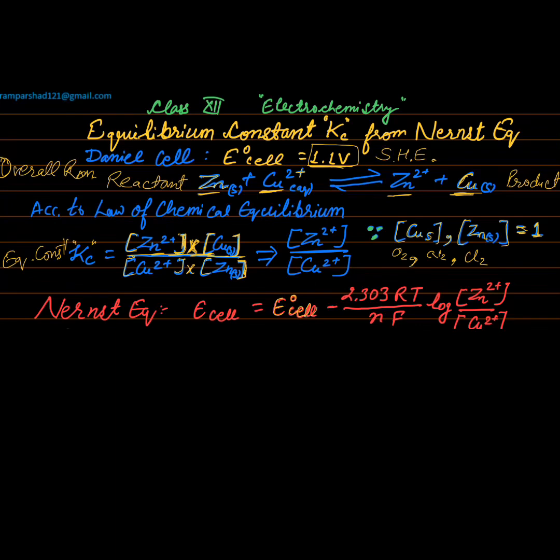So the 1.1 value we got by the difference of the electrode potential of the cathode minus standard electrode potential of the anode. So when we measure the difference of the standard reduction potentials of both electrodes, that gives us the value of the standard reduction potential of the cell, minus 2.303 R into T divided by n. n is the number of electrons transferred, into F. F is the Faraday's constant having value 96,500 coulombs, and the value of R is 8.314.